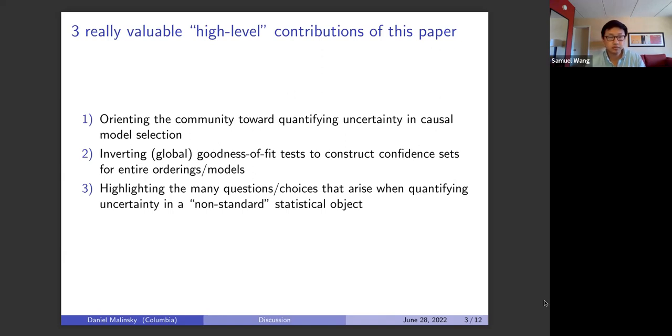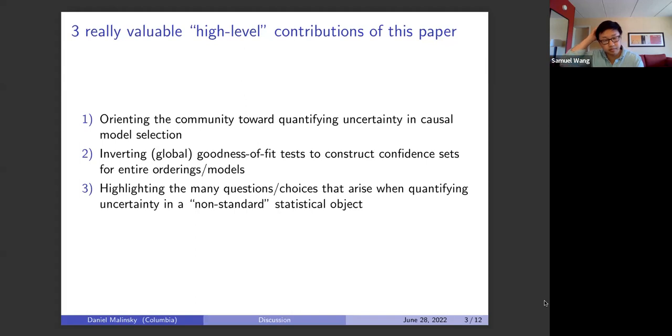I think this idea of inverting a global goodness of fit test to construct confidence sets for entire orderings or models is quite interesting. And I know that similar things have been done in other areas of statistics that require confidence sets for unusual statistical objects, but I don't think it's really been done in this particular setting before.